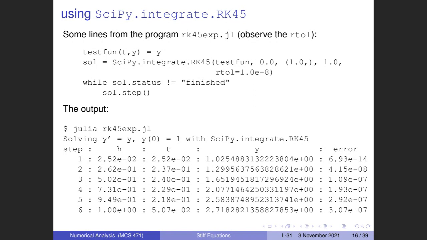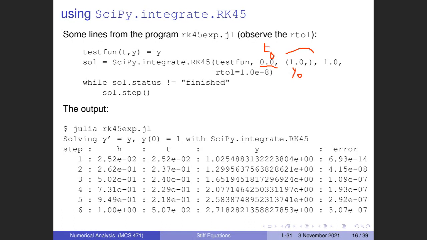So this is valid Julia, by the way. We give the test function the start value, so it's still an initial value problem. So the first number here is the t naught, which is by default always 0, but you have to specify it. And then we have the initial conditions. We have to present them as a tuple, but we have y naught here.